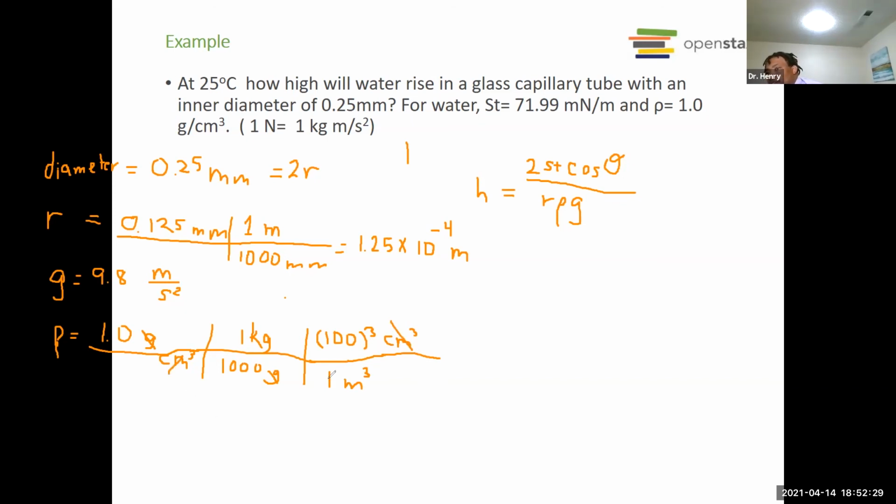So centimeters are canceled out, and this would be 10 to the 6. So at the end of the day, we have 1,000 kilograms per cubic meter.